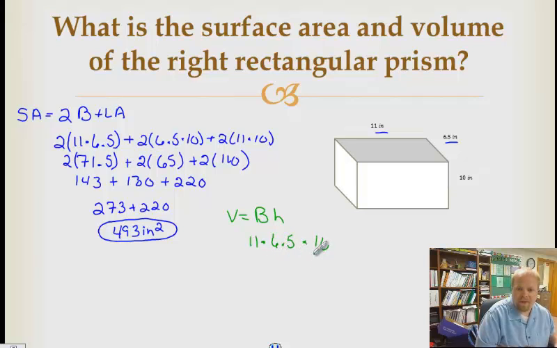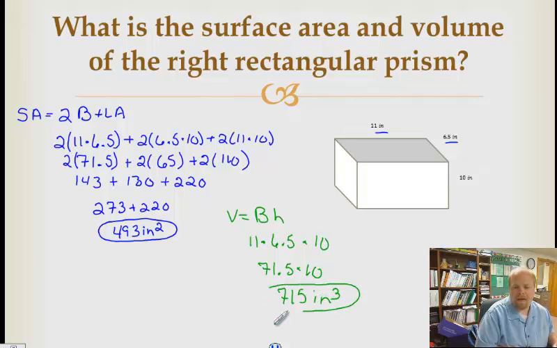Well, we already know that 11 times 6.5 is 71.5, times 10. 71.5 times 10 is going to be 715. We're dealing in volume, or we're talking about capacity, so it's going to be inches cubed.